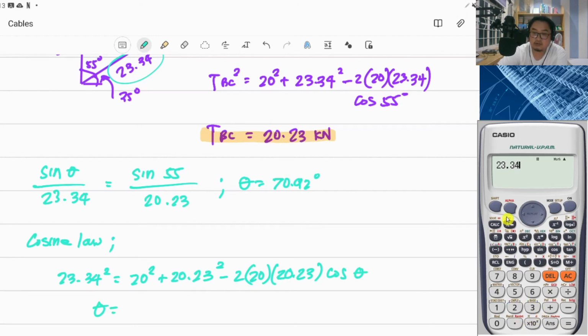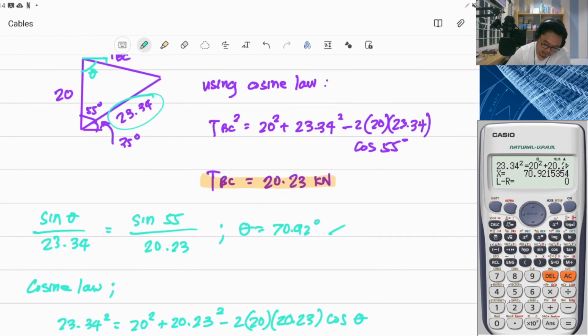Shift solve. So the theta is 70.92. So the same, no? So that's good. So therefore theta is 70.92.